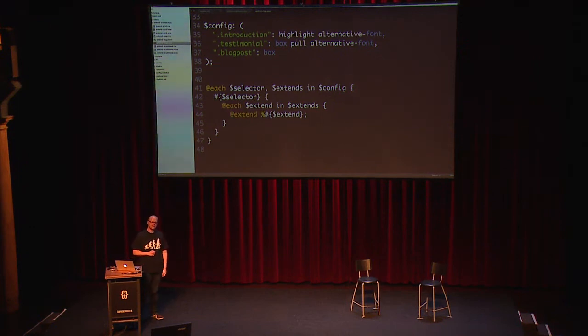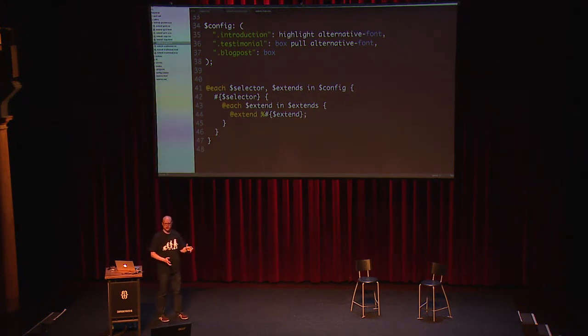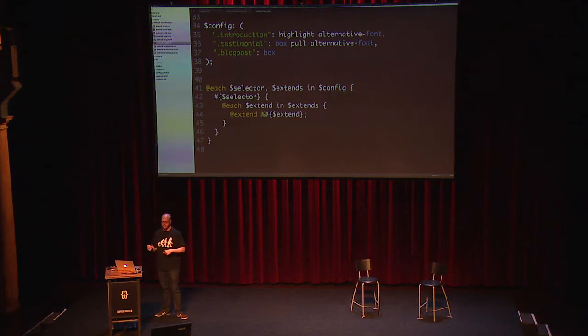Fun fact, in Sass, you can create a string dynamically, like we do here in this loop, for this extend, by taking the % sign that says this is going to be a placeholder, then appending a string to it, like highlight or box or pull, and then the combination of the two will be evaluated as the name for a placeholder.